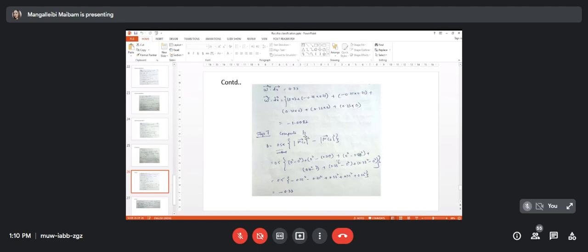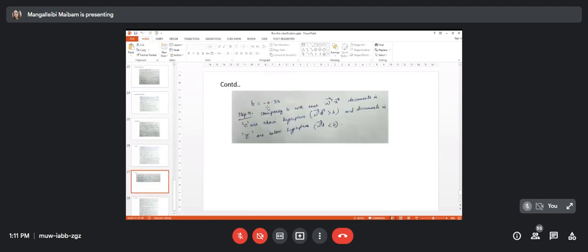Next, computing the B value, we use this formula with mu C1, mu C2, absolute square. So mu C1 is already calculated, mu C2 is also calculated. You do the subtraction and we got 0.33 for B. B equals minus 0.33.